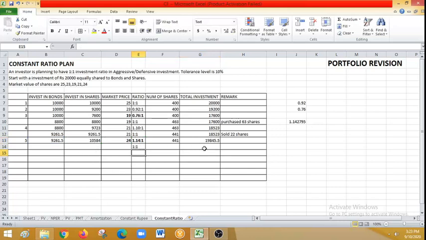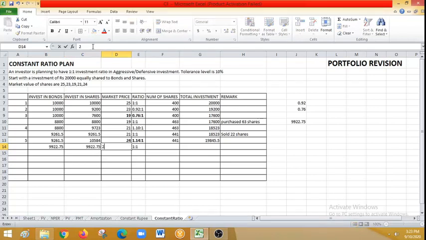So how can I do that? Okay, same thing, I will divide this. What is it? 19,845.5 divided by 2. So equally into shares and bonds. 9,922.75. 9,922.75 equally invested.